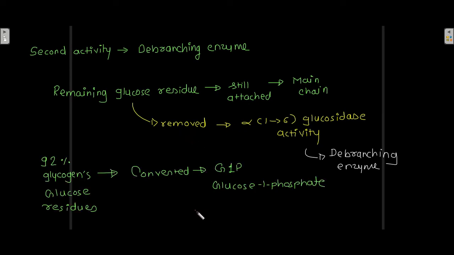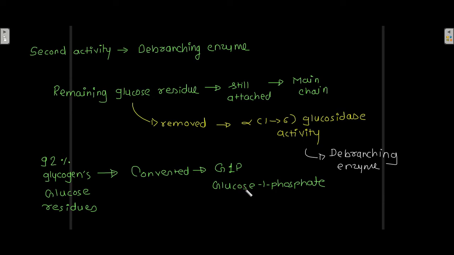So because of this debranching enzyme and glycogen phosphorylase, 92% of glycogen's glucose residues are converted into glucose 1-phosphate.